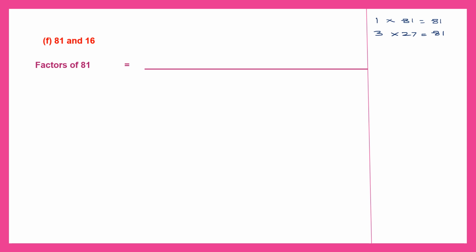What about 9? 9 nines are 81. So that's it. We don't have any more factors for 81. So what are the factors? 1, 3, 9, 27 and 81.